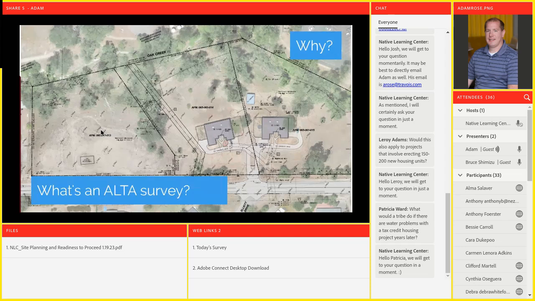Or, if we put some units over here to avoid this drainage ditch, what's your thought on that? So this is a next step that I see as worthwhile to pay for, to have that professional survey work done, to really drill down on what the site contains. And then it's going to lead to an opportunity to start asking a whole other set of questions.